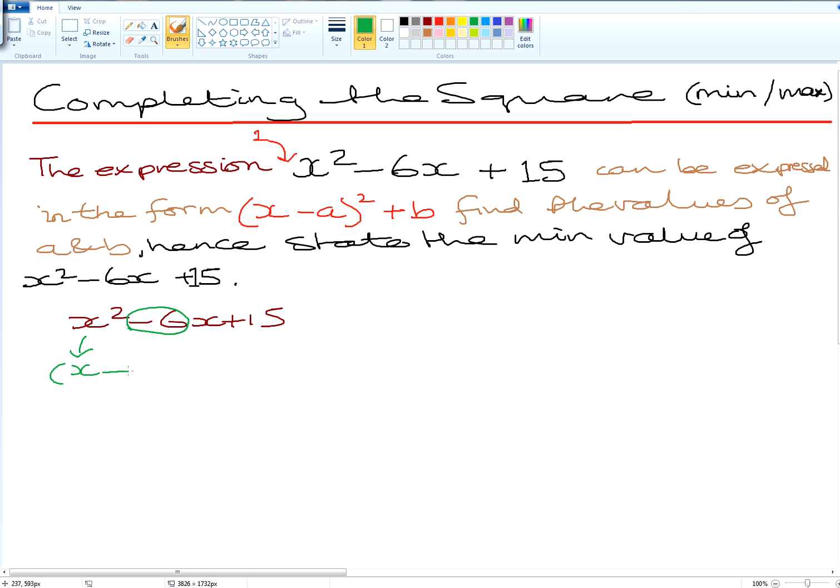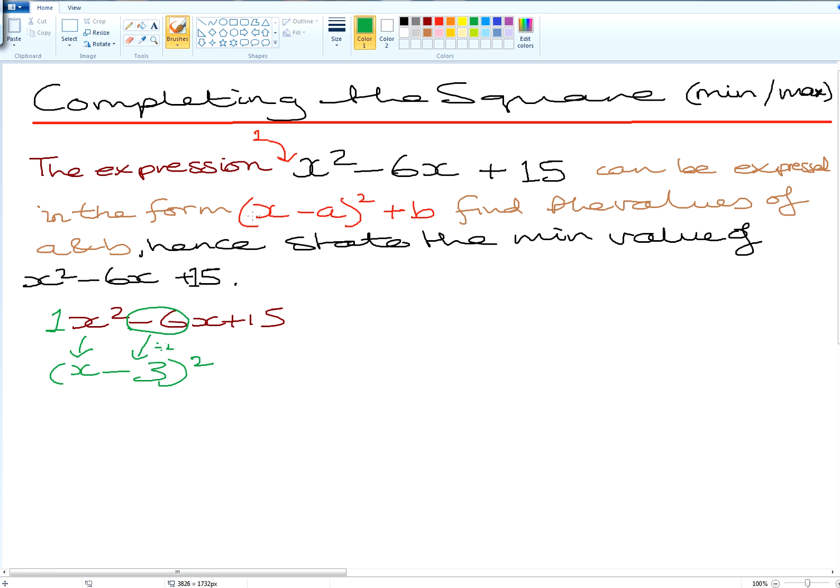Minus 3. So this number here gets halved. Then we put a square over here, as we have the square over here. So far, we made sure that the a value was 1, which it was. We copy down the x. We halve the minus 6 to minus 3. We close the brackets, put a square there, as we see in the template here.